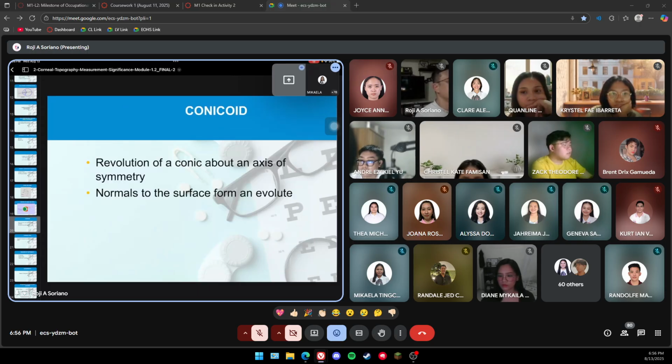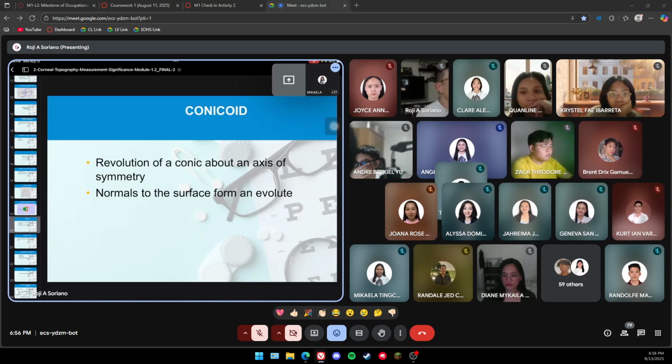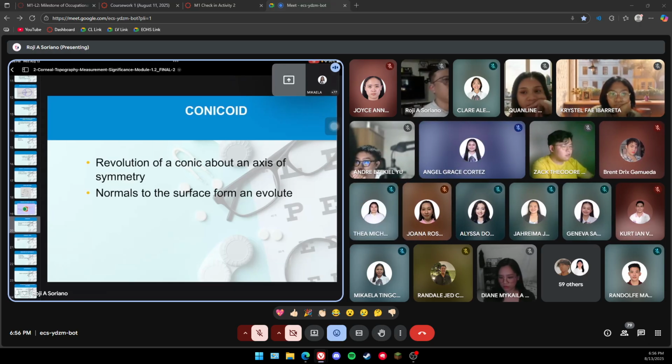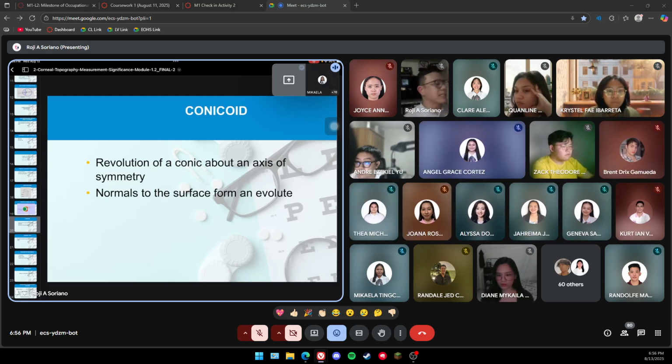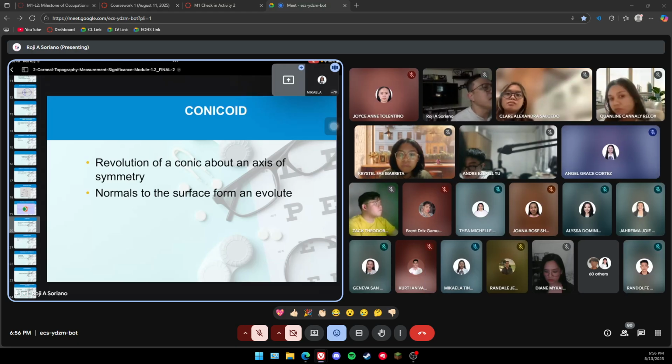All right. So, a conic, the word cone, conicoid, a revolution of a conic about an axis of symmetry, which is circle. Circle is symmetrical, right? Because there is no flattening whatsoever. There's no deviation whatsoever.